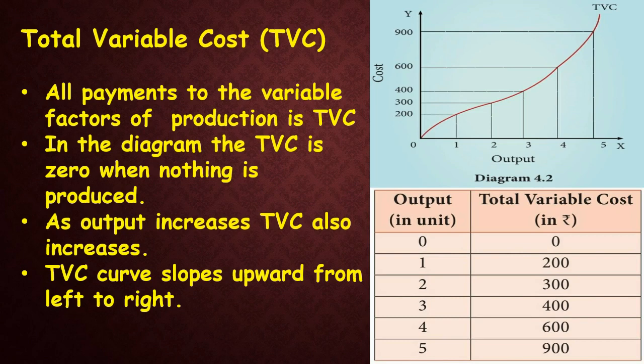Now the shape of the total variable cost curve: it can be seen that the total variable cost changes with the change in the level of output. So the total variable cost curve slopes upwards from left to right.